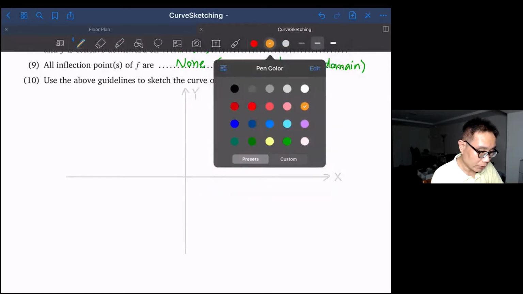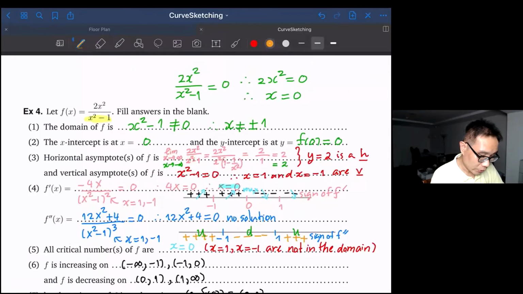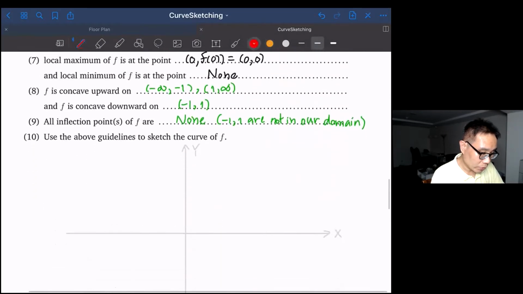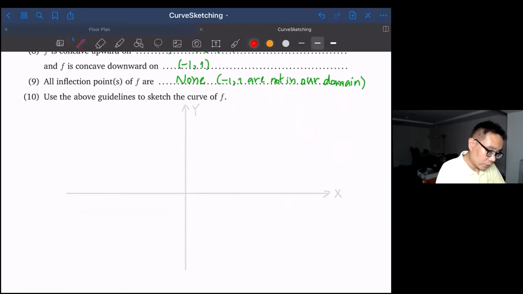So you have the horizontal asymptote, which is y equal to 2.